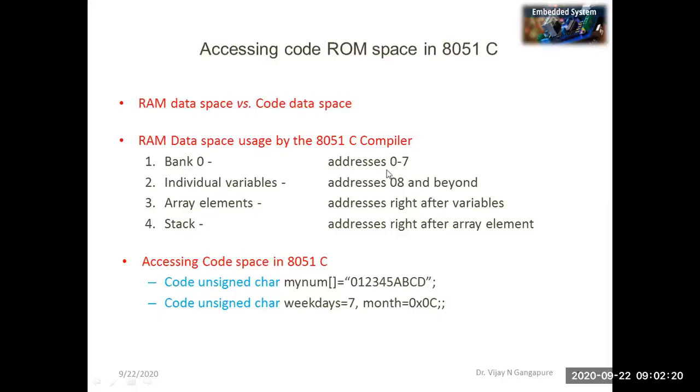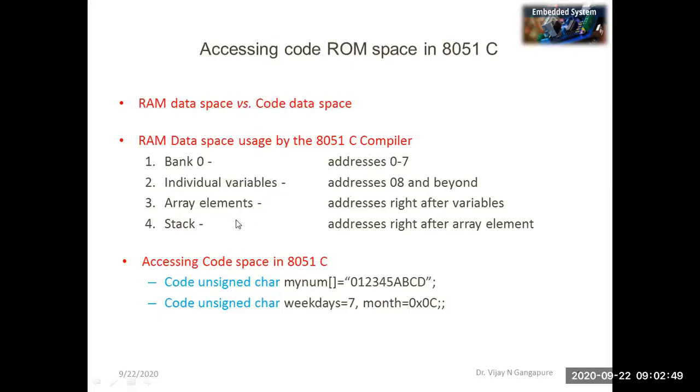For example, whatever variables we declare in our C program will get space in this bank 0, and if it exceeds, meaning more variables are there, then it can get space beyond this address 0 to 7, that is from location number 08. So these individual variables will get space.